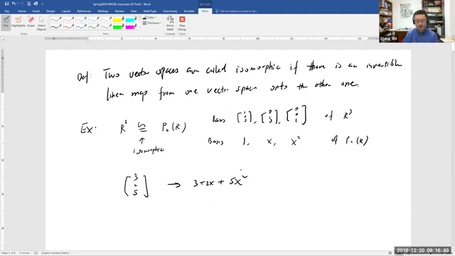Obviously, two different vectors in R3 go to two different polynomials. Or the other way to think about it, if two polynomials are the same, then by this construction their original vectors in R3 are the same. That's injective. Surjective: any polynomial in P sub 2 of R has a constant term, a linear term, and a quadratic term, and those coefficients go back to give you a vector in R3.